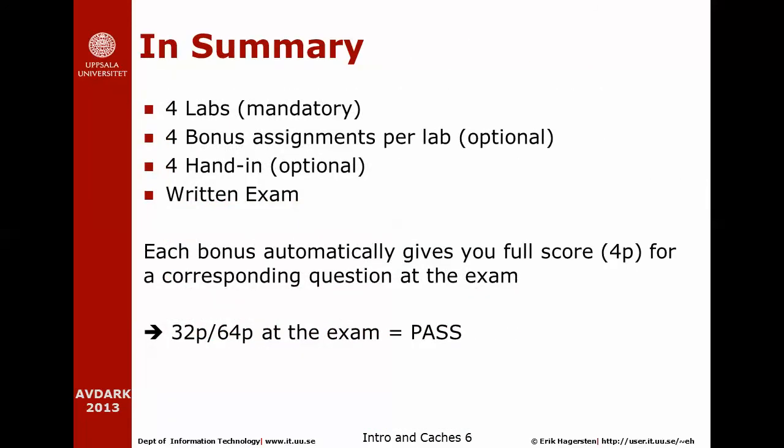So in summary, there are 4 labs, there are 4 bonus assignments, and there are 4 hand-ins that also will earn you bonus points. And the written exam at the end, for each bonus that you pass, you get 4 points guaranteed at the exam. So there is a corresponding question at the exam that you don't have to answer for each one of these bonus items. So you get 32 points and you will pass the exam.